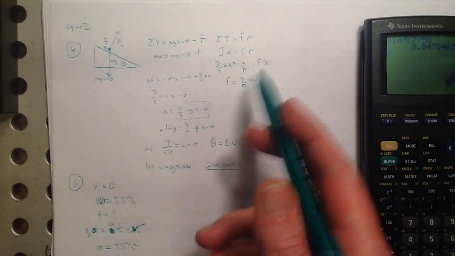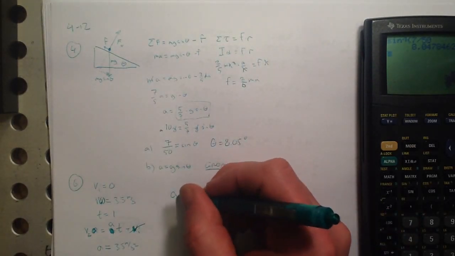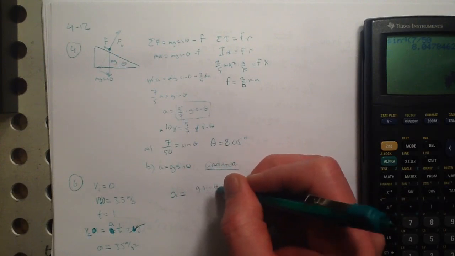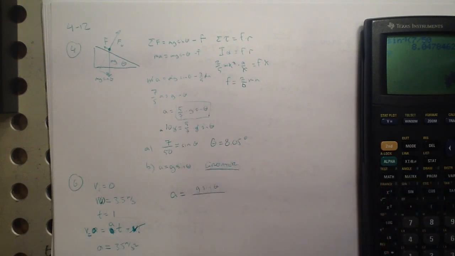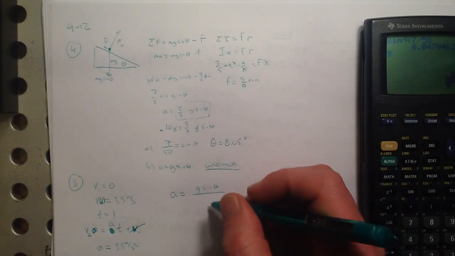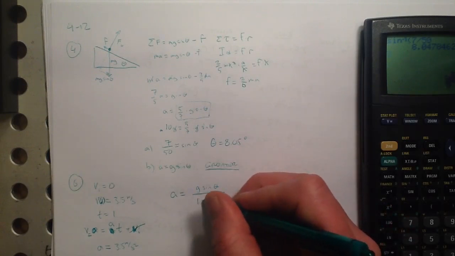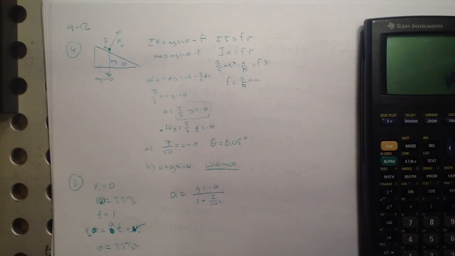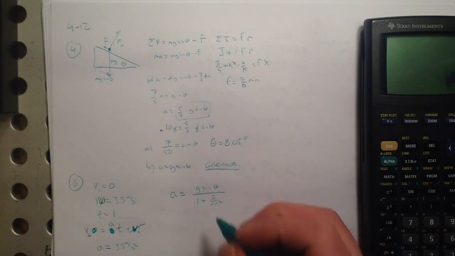And then we went through the derivation here, so this time I'm just going to go ahead and say I know this, that the acceleration of an object rolling down a ramp without slipping is that, right? And I think I want to solve for the I here.